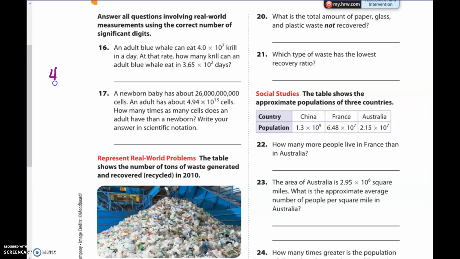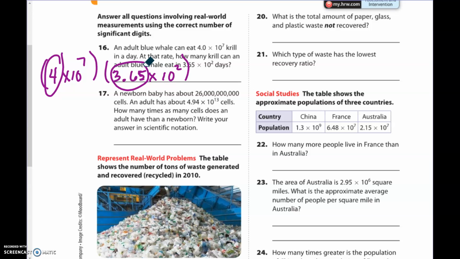So we can take 4 times 10 to the 7th, and we are going to multiply that to 3.65 times 10 to the 2nd. All right, so because this is multiplying, we're going to multiply 4 times 3.65. So go ahead and grab your calculators.